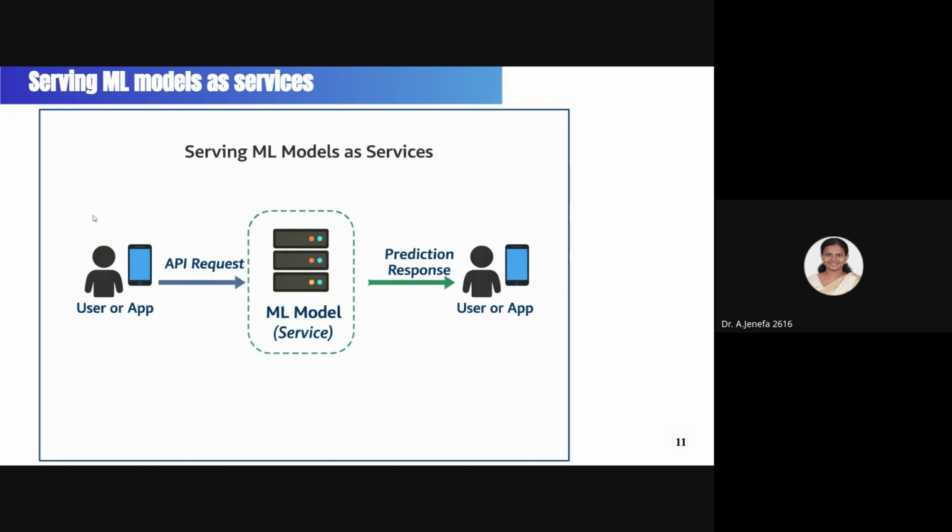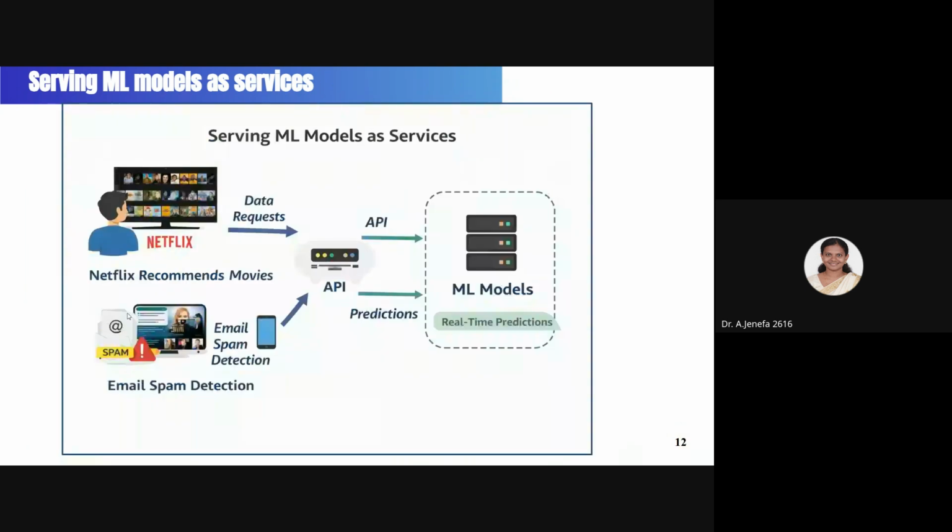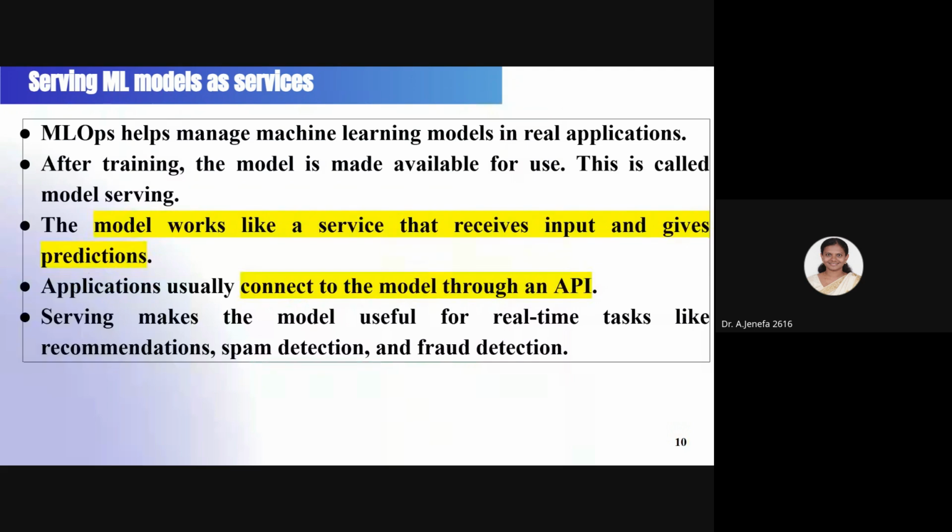As you can see here, a user or app application sends an API request, the model gets the request and provides the proper prediction back to the user. Whether it is Netflix recommending a movie or email spam detection, every request will be sent to the ML model and the prediction will be sent back to the users. So this is serving ML model as services.